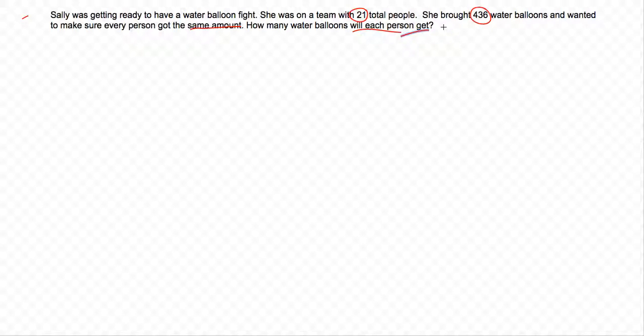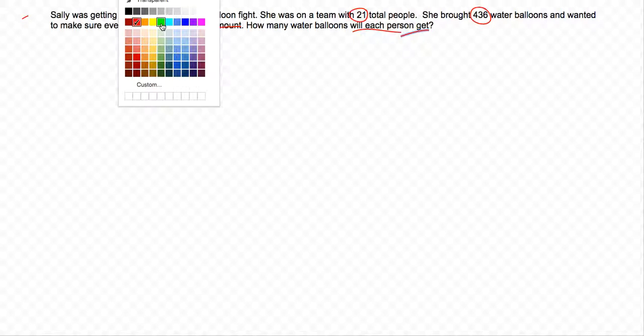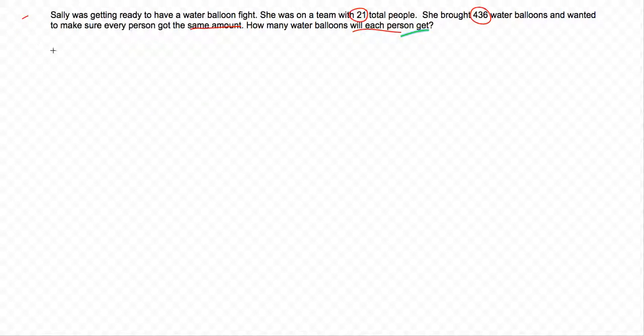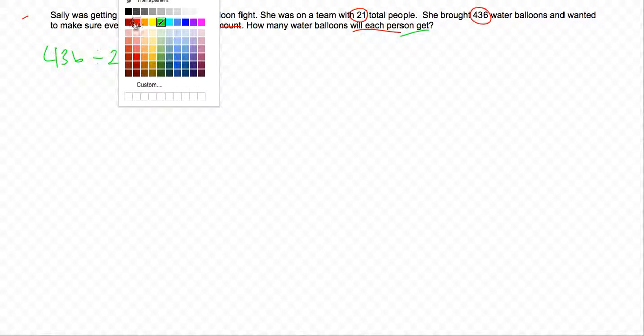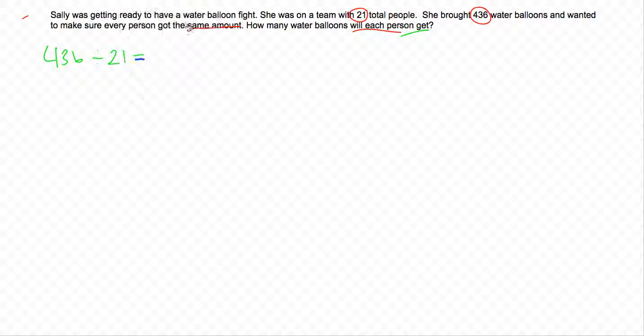So that means that we are going to have something that looks like this. 436 balloons. We have 21 people. So I need to find out how many equal groups of 21 go into 436. So how many equal groups of 21 go into 436?